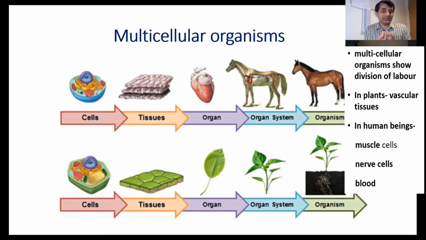And many organ systems come together to form an organism. It can be an animal or it can be a plant. Now, we human beings are multicellular organisms because we have different organ systems.